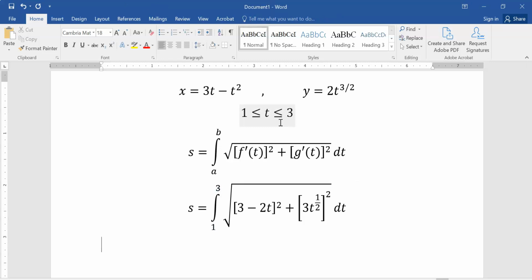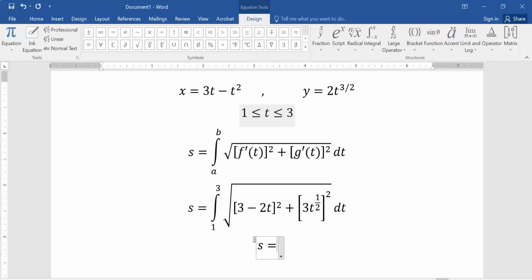So that's the setup. And then as far as actually calculating this goes, this is just a calculator function. So integrate from 1 to 3, this thing. I ended up with about an 8.86. I got 8.86114919 on my calculator. So it's roughly about 8.86. Again, that's rounded to 2 decimal places.